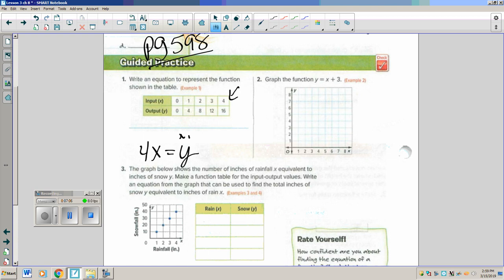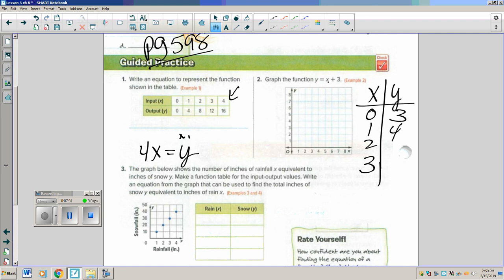Number 2, graph the function y equals x plus 3. X, y, over here. X is going to be 0, 1, 2, and 3. You can choose different numbers. You'll get the same graph. If x is 0, 0 plus 3, y is 3. If x is 1, I get 4.